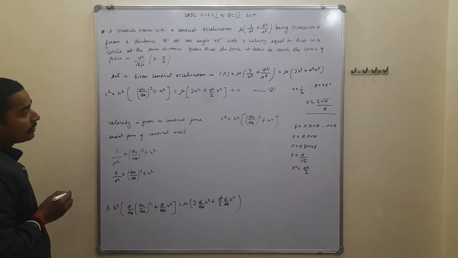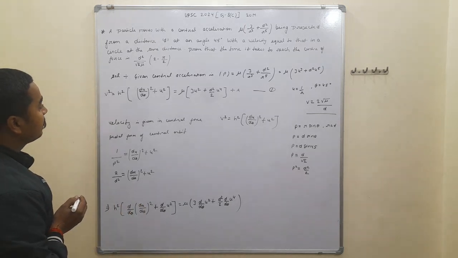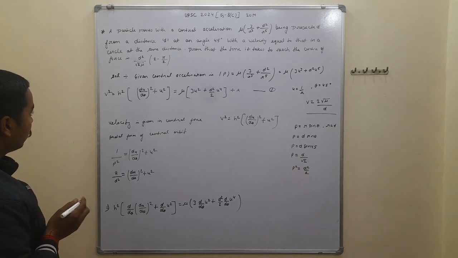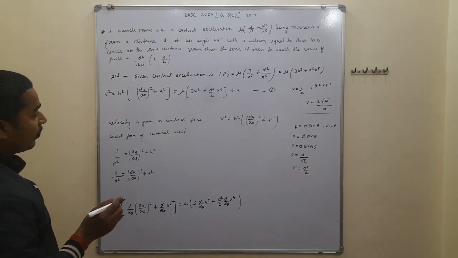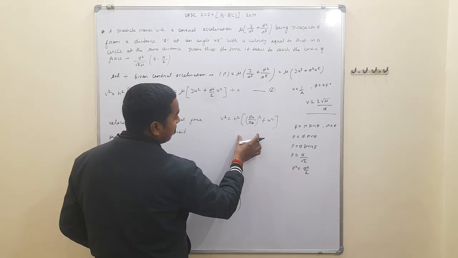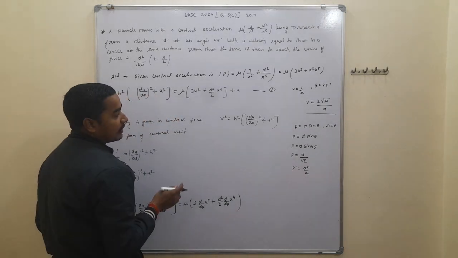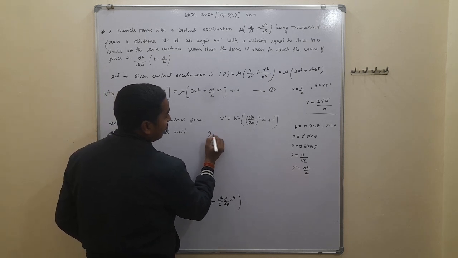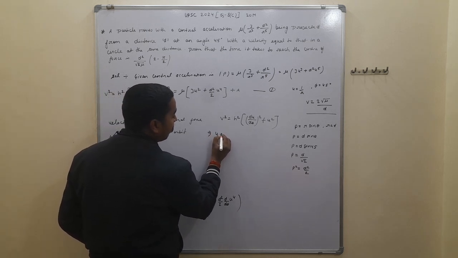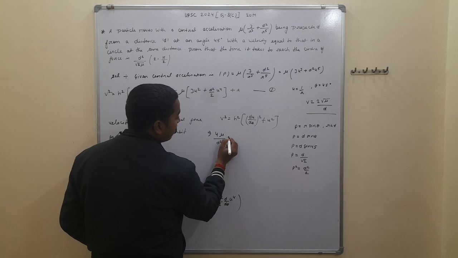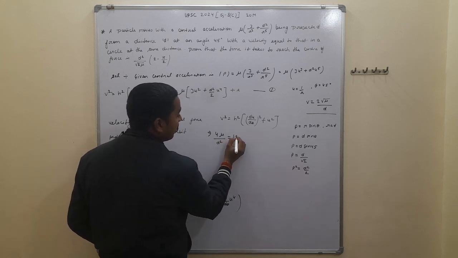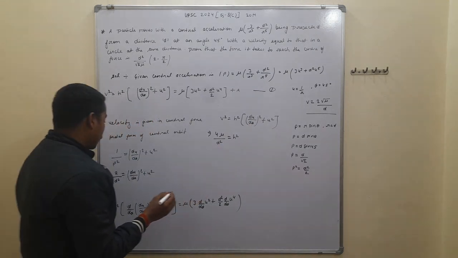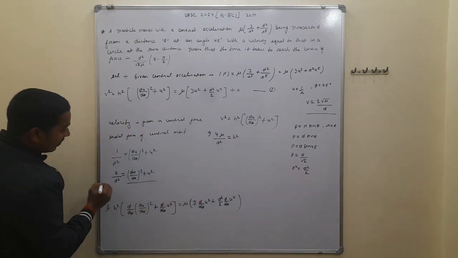So we put it once again in the velocity equation of the central orbit, that v square is given by 4 mu upon d square is equal to h square into ((du upon d theta) whole square plus u square), which is 2 upon d square.